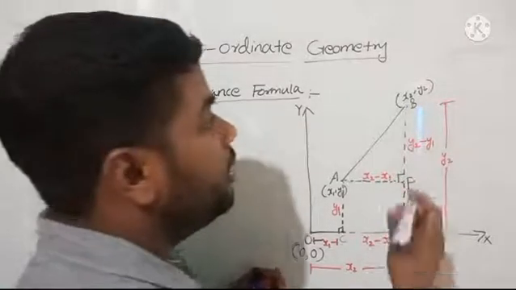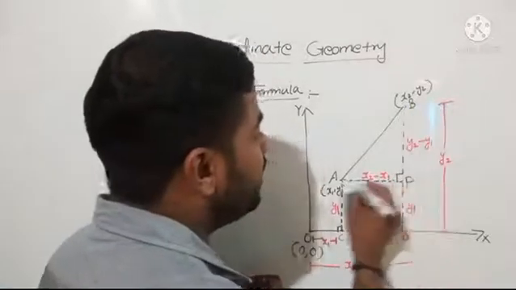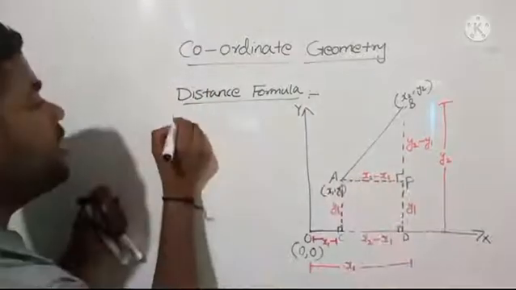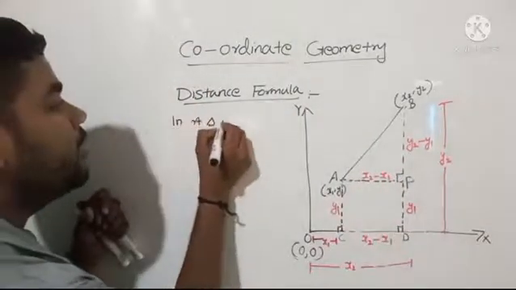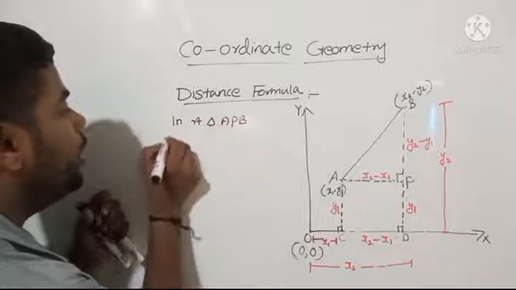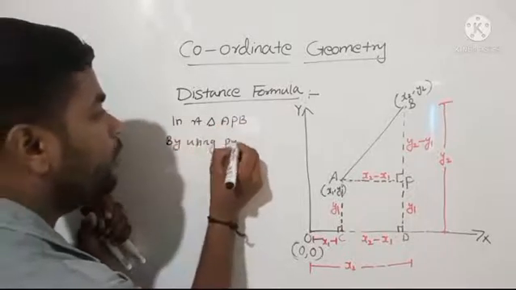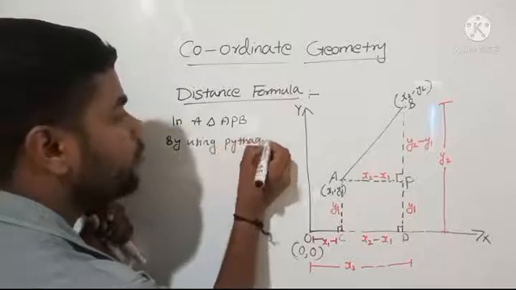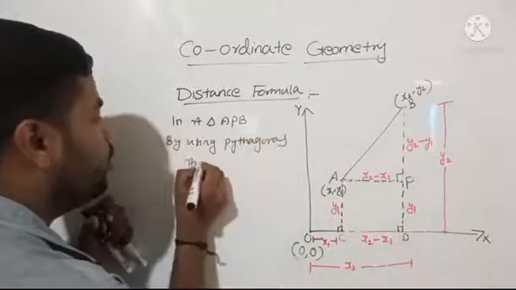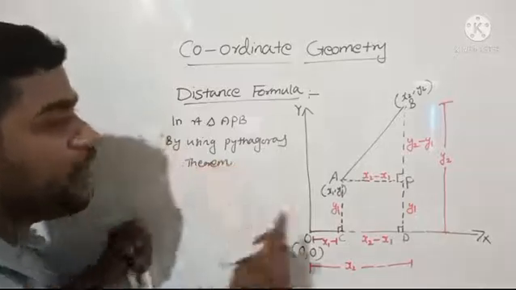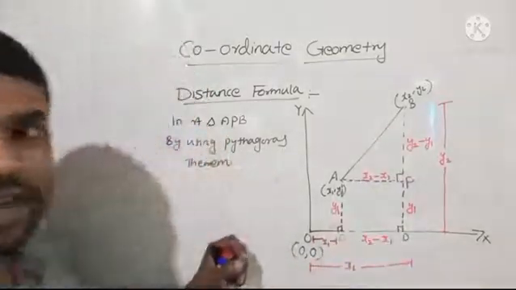Then triangle APB is a right angle triangle. In right triangle APB, by using the Pythagoras theorem: what is the Pythagoras theorem?